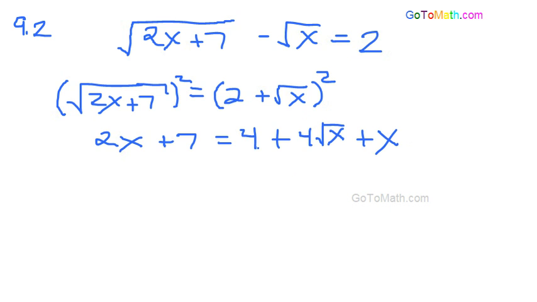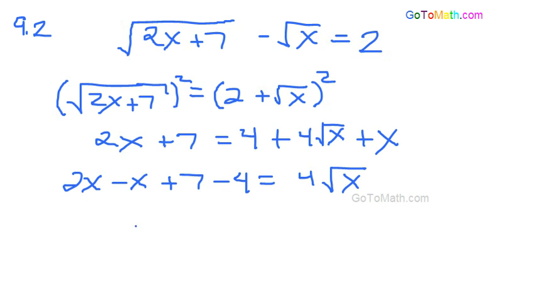What we'll want to do is get the 4 and the x over to the left, so we have 2x minus x plus 7 minus 4 is equal to 4 times square root of x. So we have 2x minus x, that's going to be x. 7 minus 4, that will be 3, and then we're left with 4 times the square root of x.